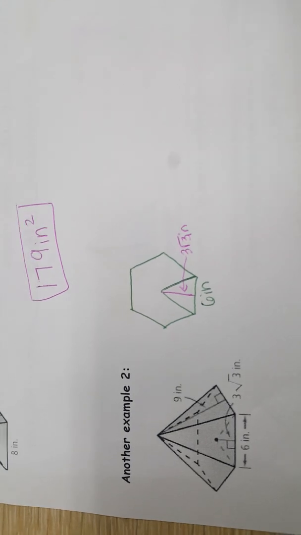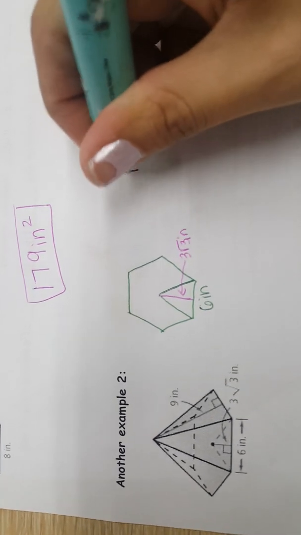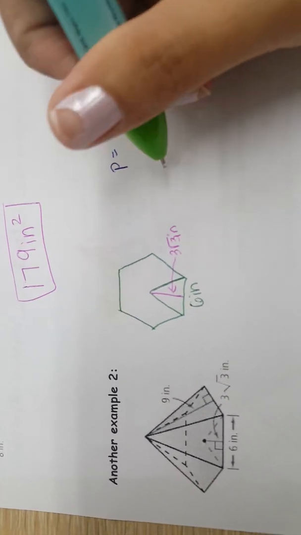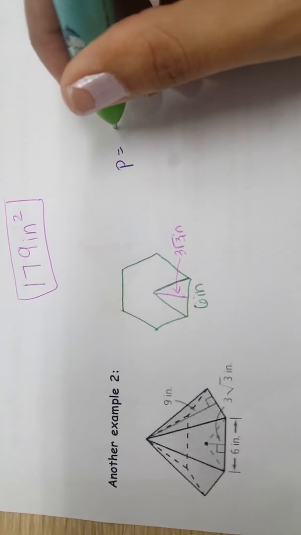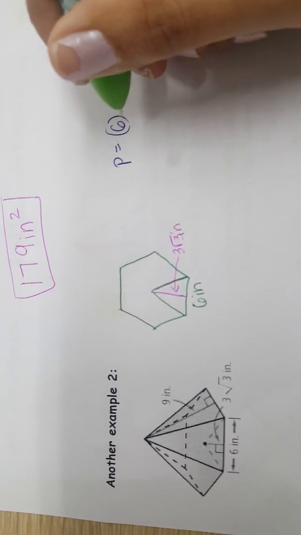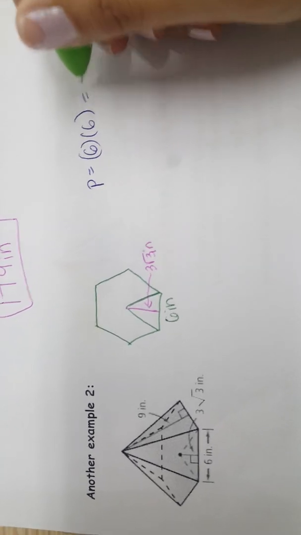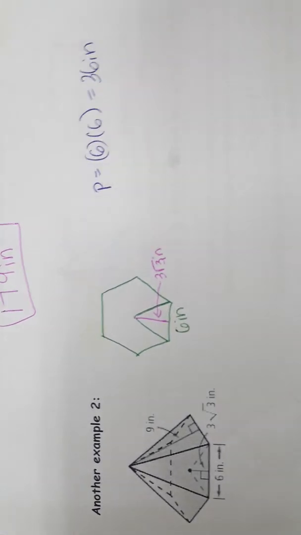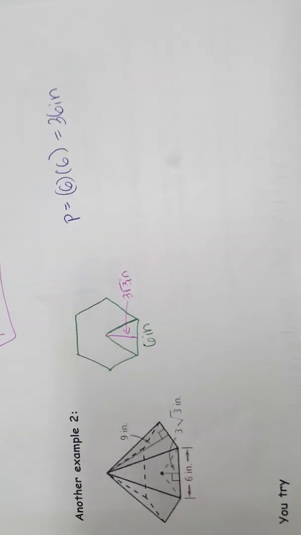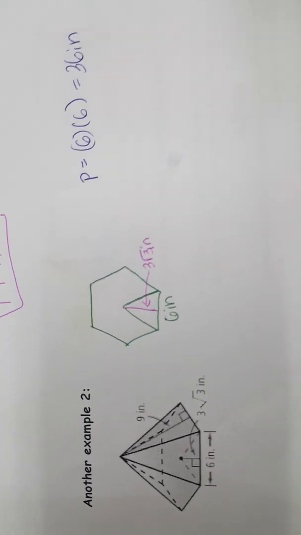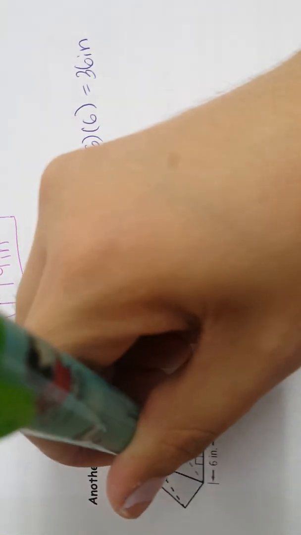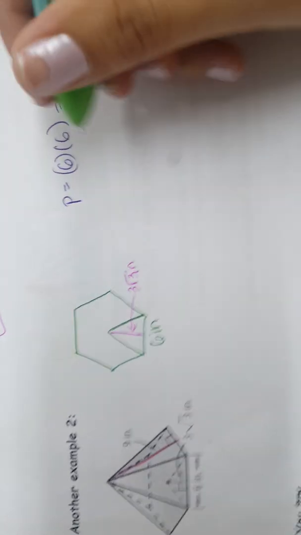Remember, first find the perimeter. The perimeter is the side length, 6, times how many sides it has, 6. So we end up with 36 inches. On this one, we are also given the slant height, which is 9.